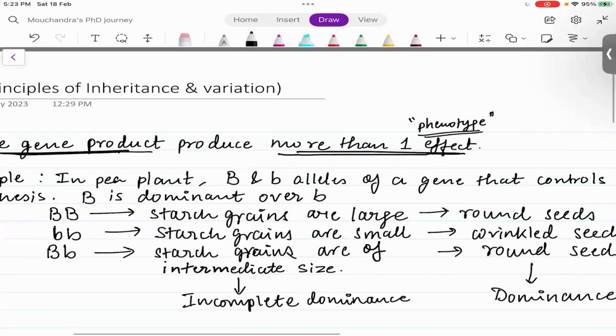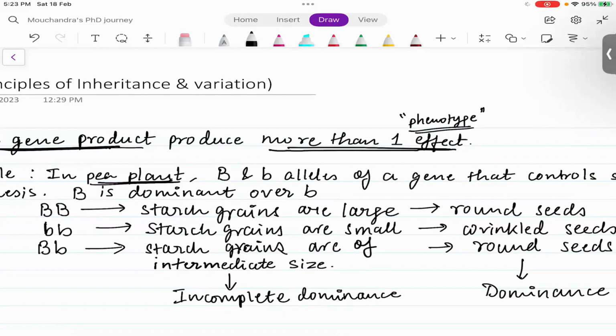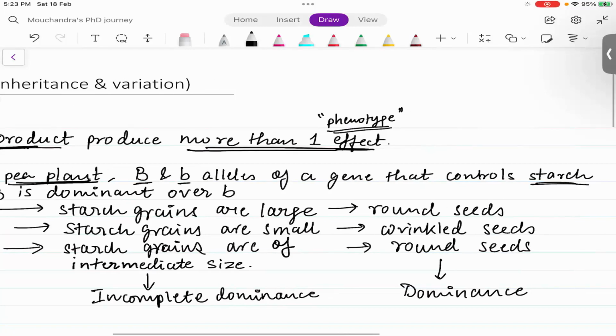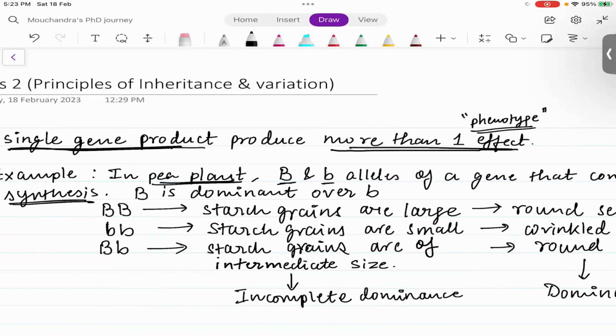Suppose in a pea plant, people have seen that there are 2 alleles for a gene that controls starch synthesis, capital B and small b. Capital B is dominant over small b.